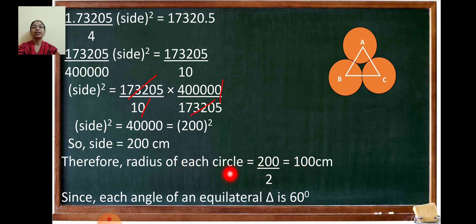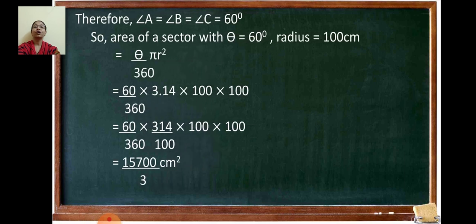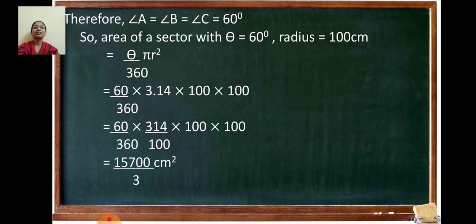So now let us find out the area of sector. But for area of sector you should know two things: radius and the central angle theta. Now ABC is given an equilateral triangle. Therefore each angle will be 60 degree. So each angle of an equilateral triangle is 60 degree. Therefore your theta is 60 degree.